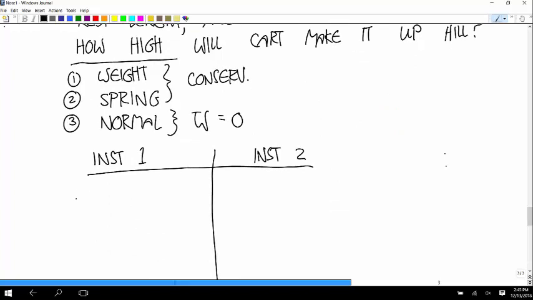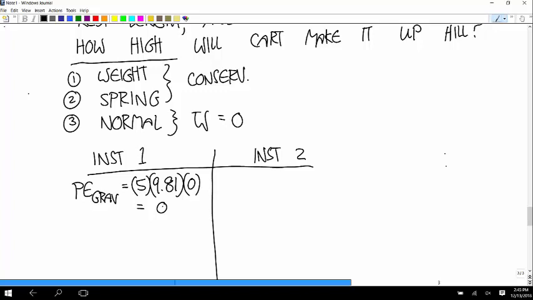So the potential energy due to gravity is the mass times 9.81 times the height of 0. And so there's no gravitational potential energy at instant 1.